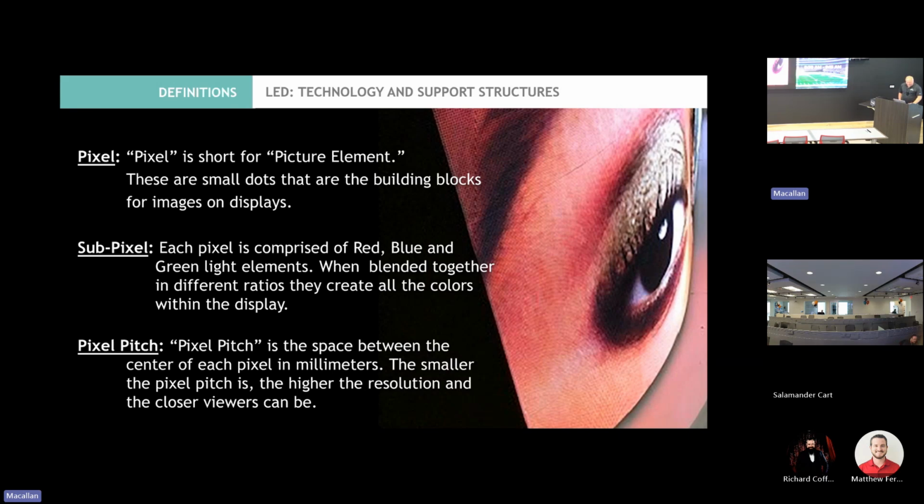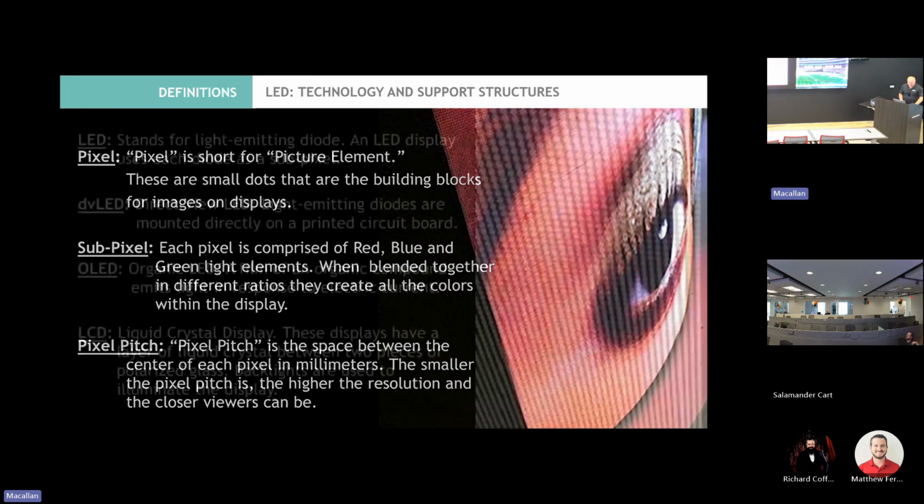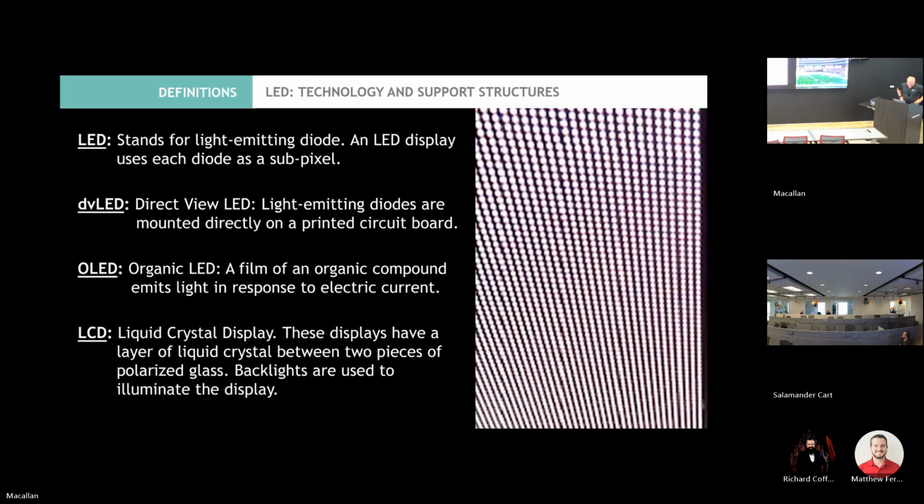We're going to be talking about pixel pitch. That's the space from the center of the pixel to the center of the next one. When you talk about that, you're really talking about resolution. LEDs, as I already mentioned, are light emitting diodes.